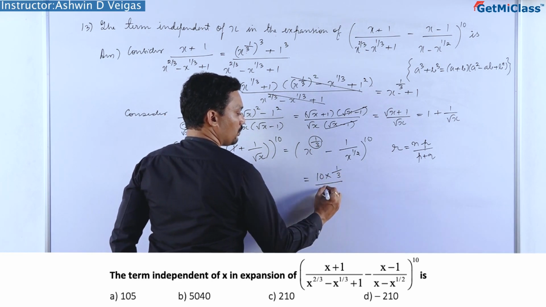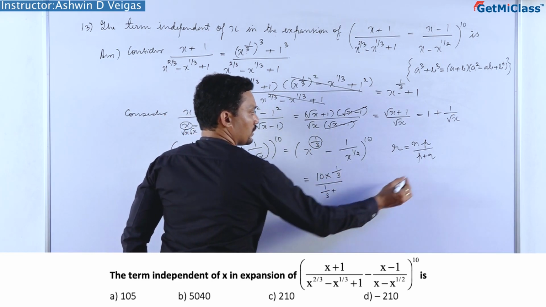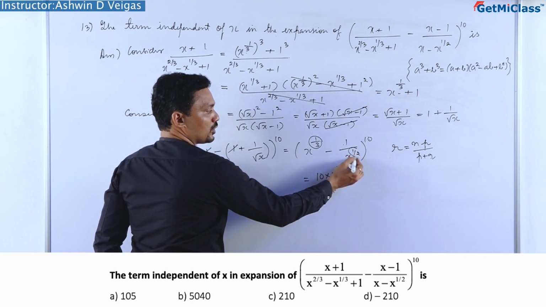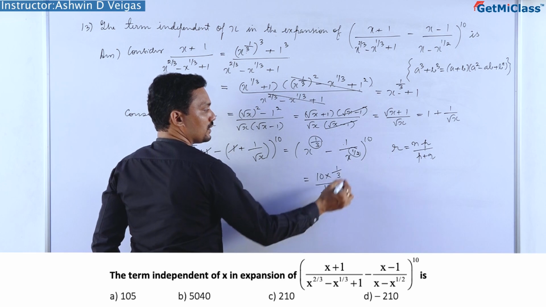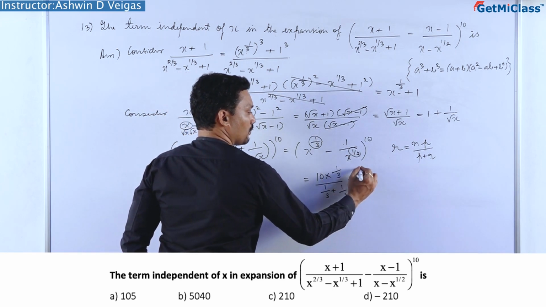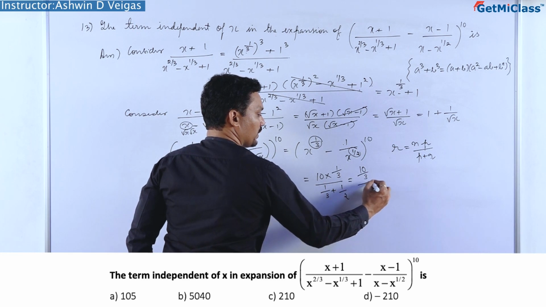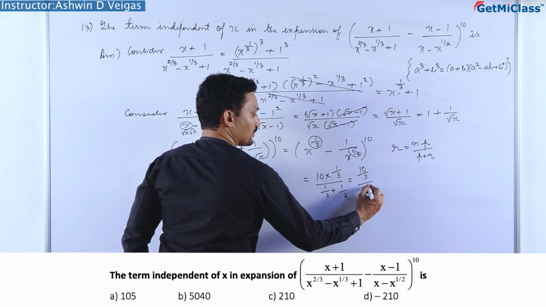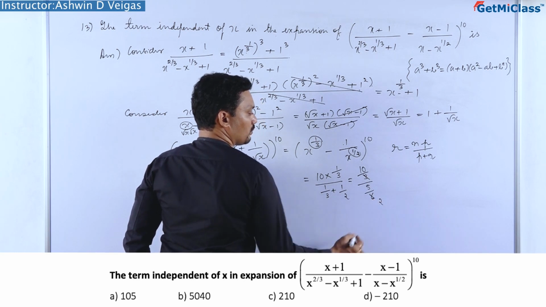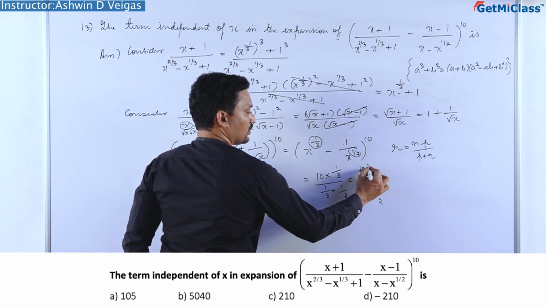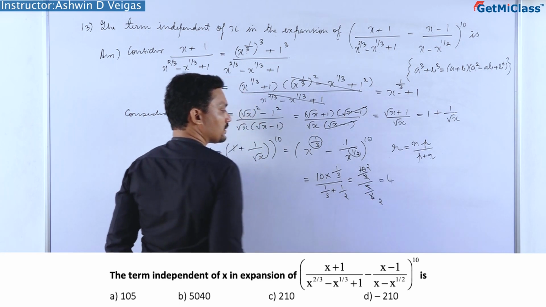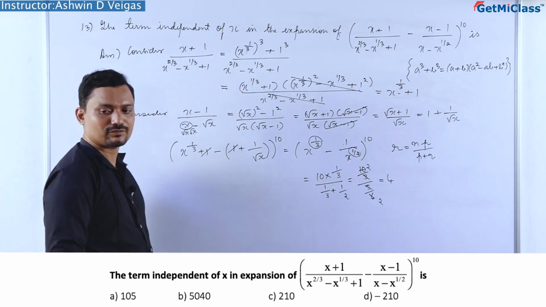Q is the power of x in the second term when x is in the denominator. Already x is in the denominator, so its power will be Q. Therefore, this will become 10 by 3 divided by 5 by 6. So 3 will go 2 times, 5 will go 2 times. Now this 2 moves to the numerator and hence we get the value of R as 4.